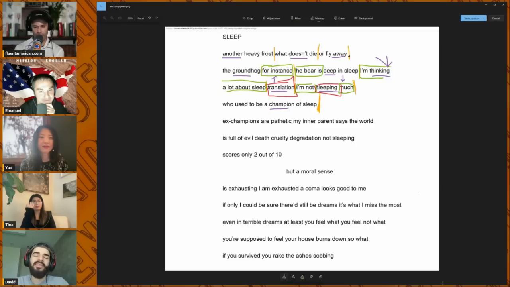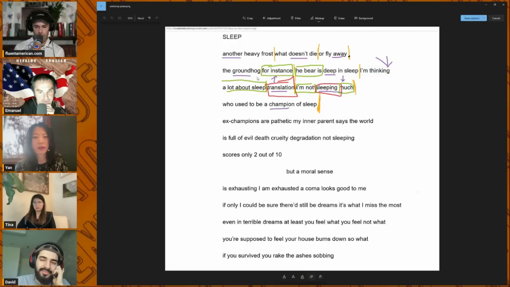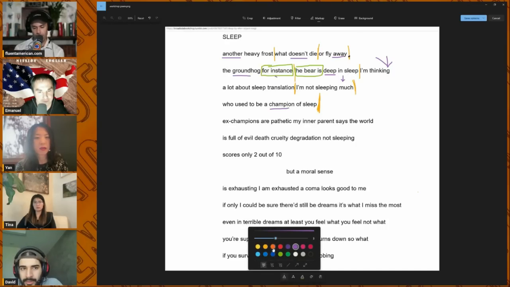So if it's this part, I'm thinking a lot about sleep. Let me show my markings for this, and then we'll talk about another element of contrast. If I were doing this part, personally, I think a lot about sleep.